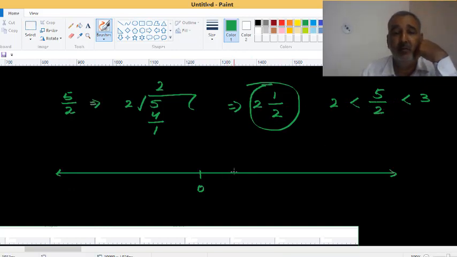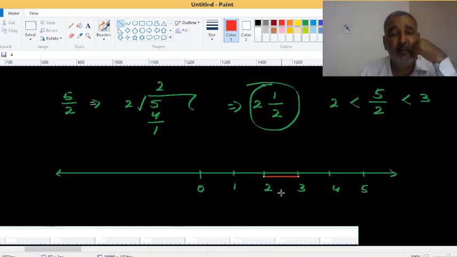So it's 1, 2, 3, 4, 5. Where is our 5 by 2? It is between 2 and 3. I am highlighting this area, 2 and 3. Mark this. Our number 5 by 2 lies here.